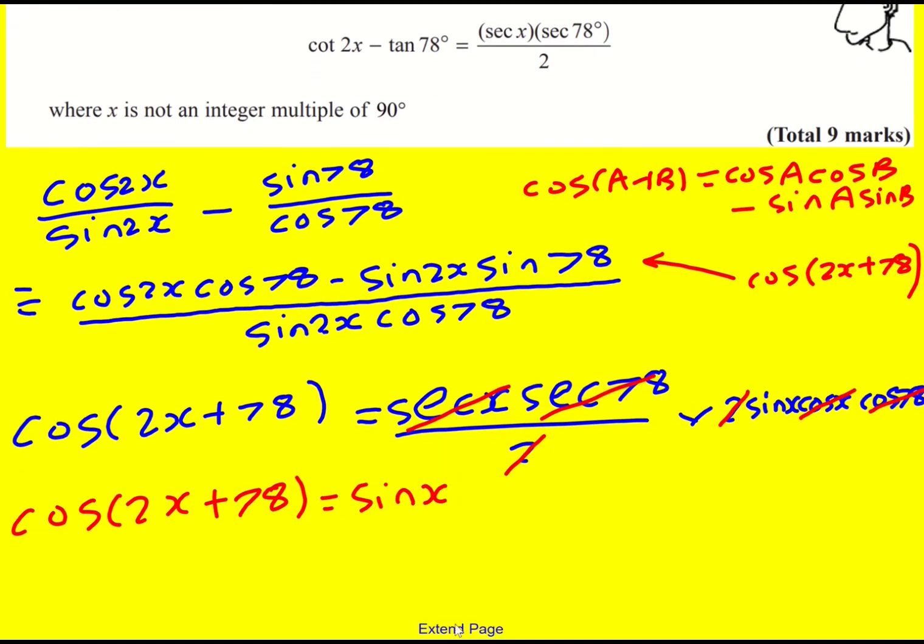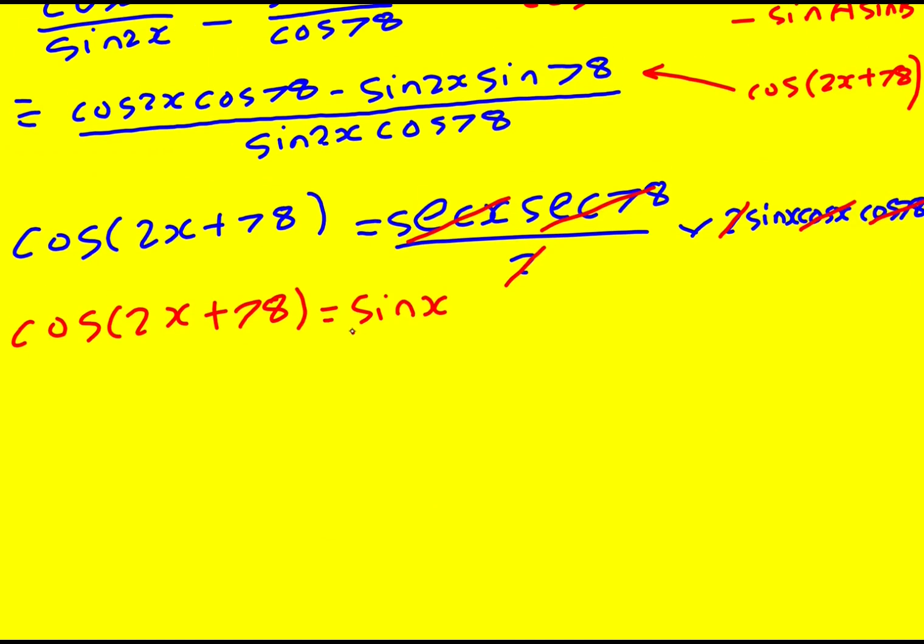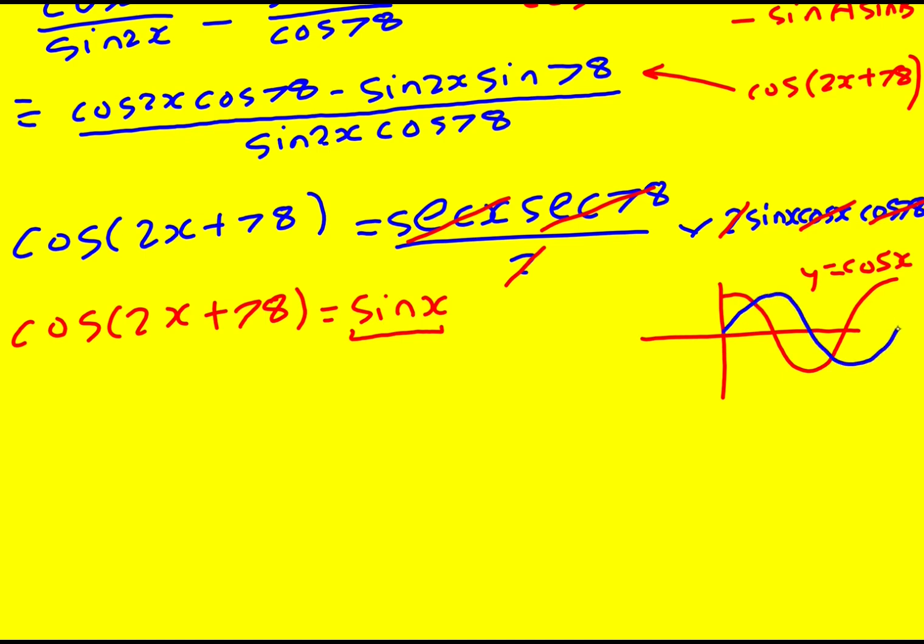This is still a little bit awkward, but what I can do is rewrite sine in terms of cos. If you think about it, cos looks like this. Yeah, this is y equals cos x. And then to get sine x, I actually end up translating by 90 in the x direction.